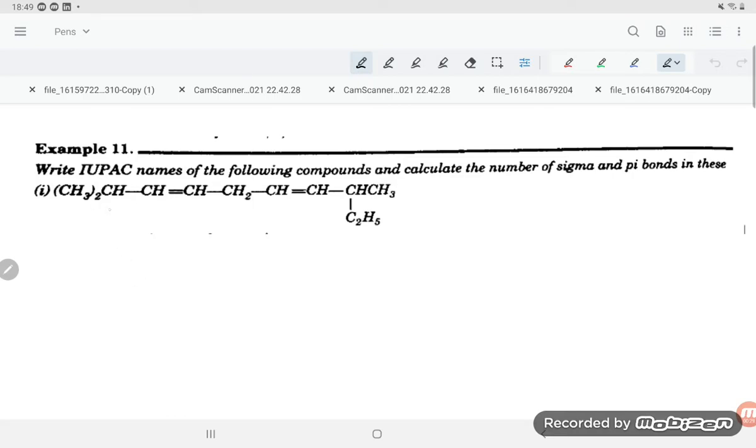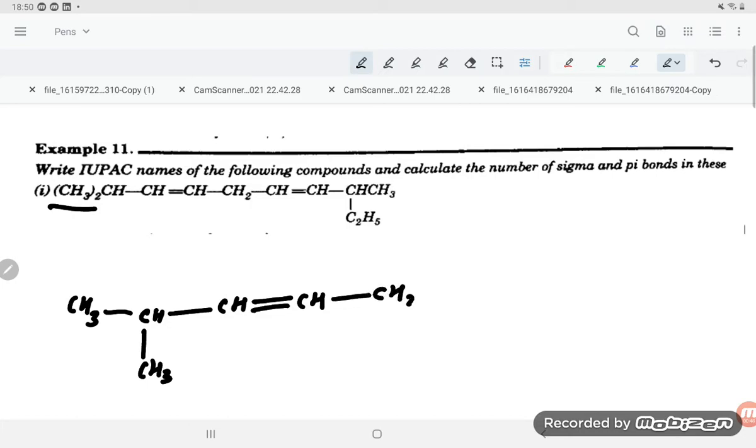CH is there. This CH I am writing, that is one CH here, CH3, because here twice is there. Downside CH3 I am writing, expanding this one. Then CH double bond again CH, and it is going to be CH2.